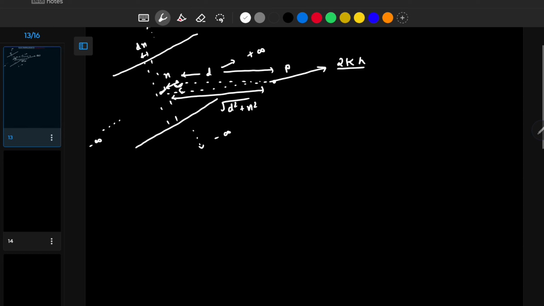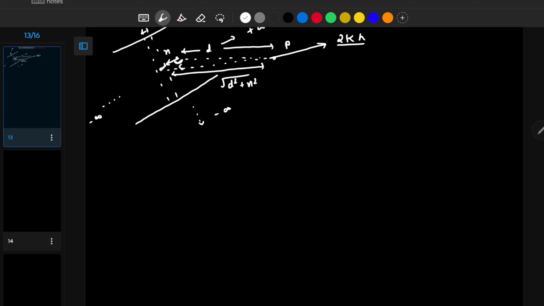Let me make it clear for you. This is the central point that I have taken. This is P, and this is at 90 degrees. So this is d, this is x, and this is root of d square plus x square.